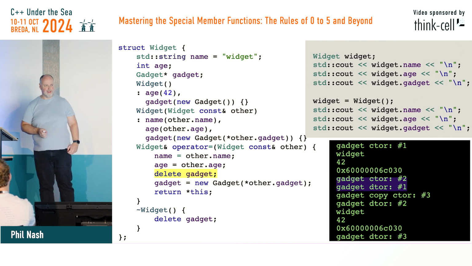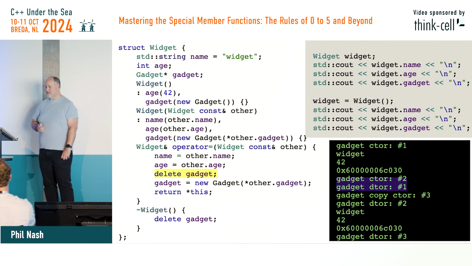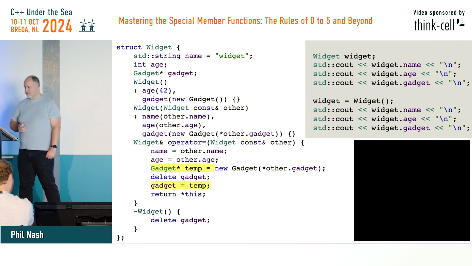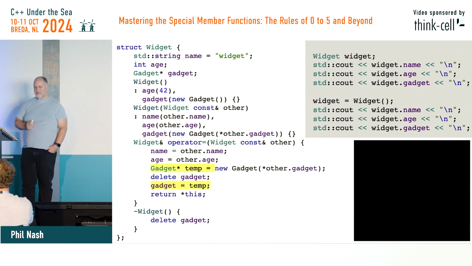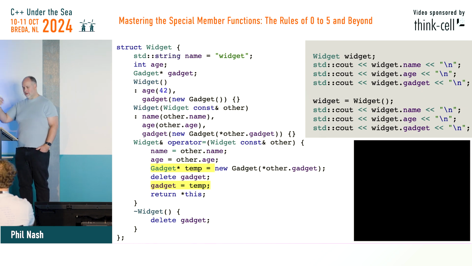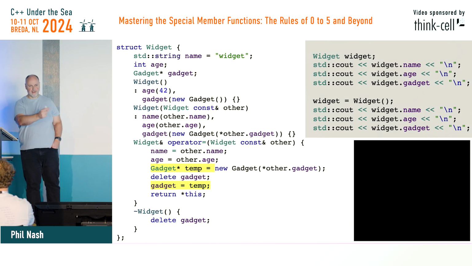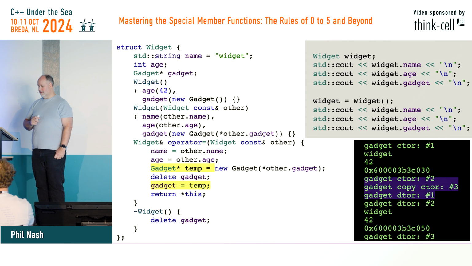That's going to blow up in the destructor. It's a pretty bad situation. So again, easy to miss, and it's probably not going to catch us for a long time. We can fix that by assigning our new gadget to a temporary variable first, then deleting the gadget, and then assigning the temporary. And now it all works.